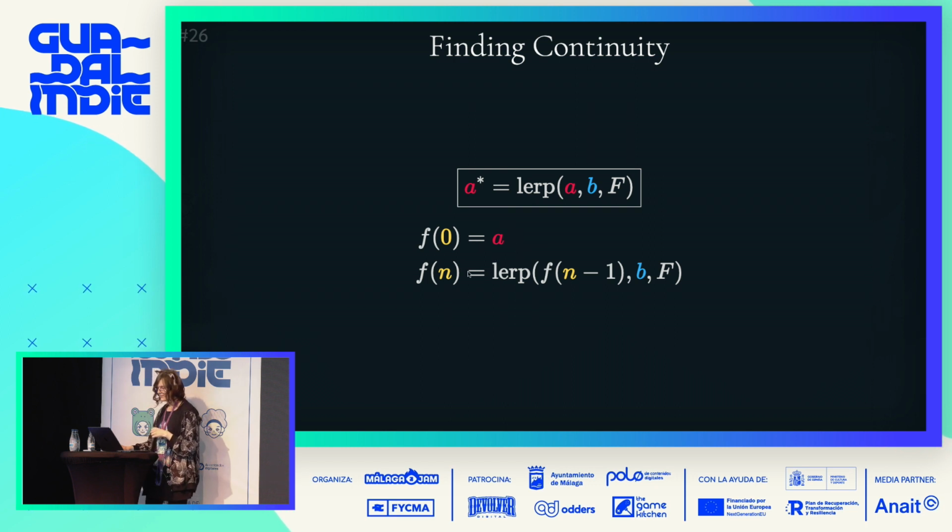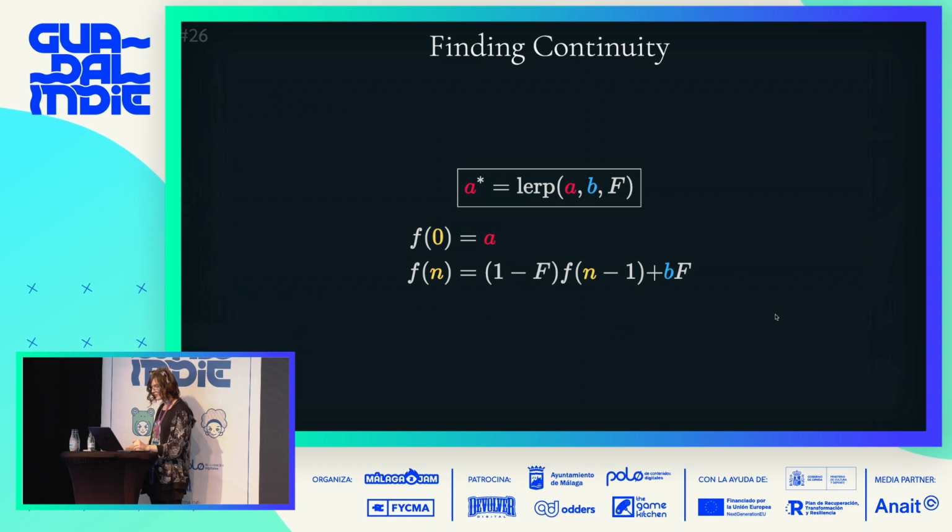And then the nth value of this function is going to be lerp from the previous value towards b with a lerp factor of f. Again, there's nothing special about lerp. Lerp is just math, so we can replace the lerp with the math inside of the lerp function to unpack that.